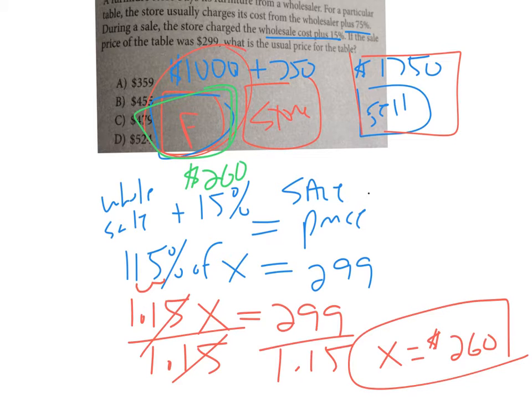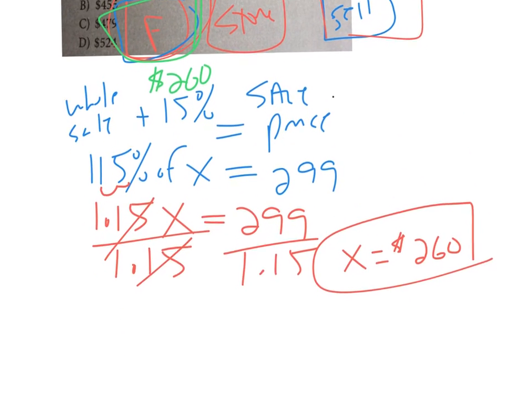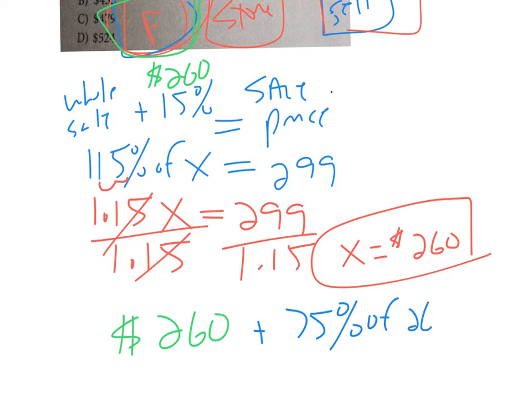The question asks, what is the usual price? And the usual price is the wholesale cost plus 75%. So this particular table, they bought it from the wholesaler at $260. They usually sell it at an increase of 75%, so basically 75% of 260.